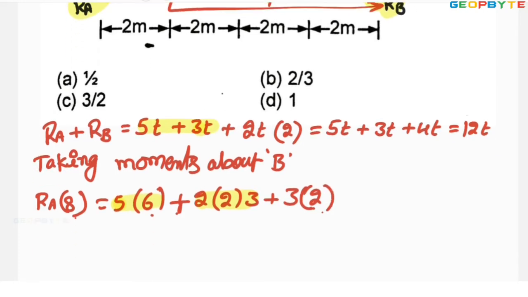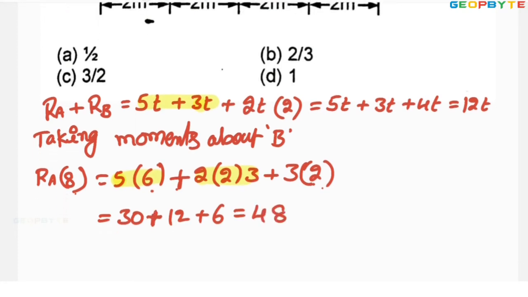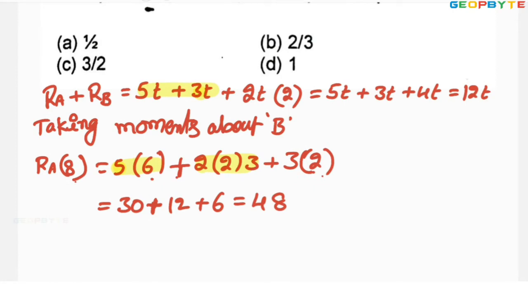Simplify this value. It is equal to 30 plus 12 plus 6, which is equal to 48. Then RA equals 48 by 8, equal to 6 tons.